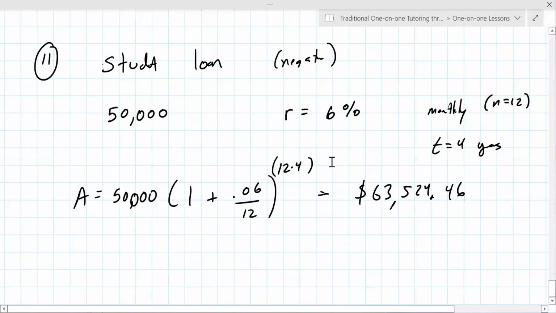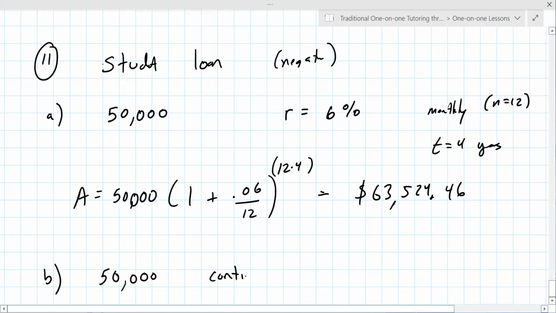They want to know that they're going to get some money back. That's why they're loaning, because they're out the 50,000. We always look at it from the perspective of, I'm getting 50,000, but somebody had to give that money up. And by giving it up, they're saying, I don't need the money right now, but in 4 years, I want to get the 63,524.46.